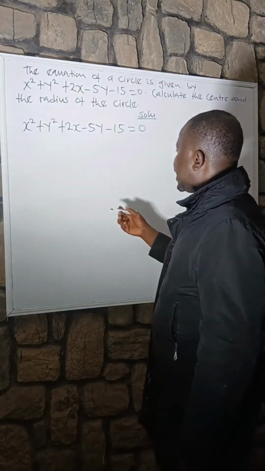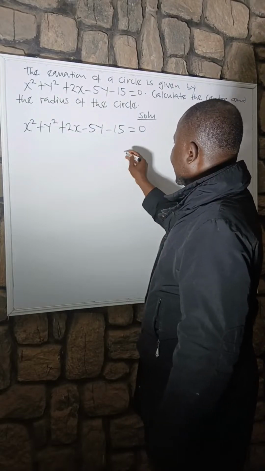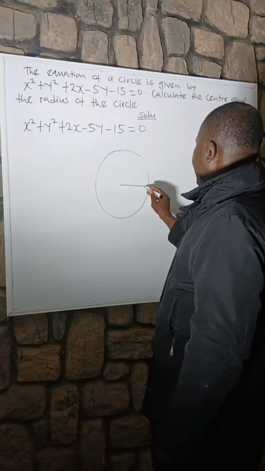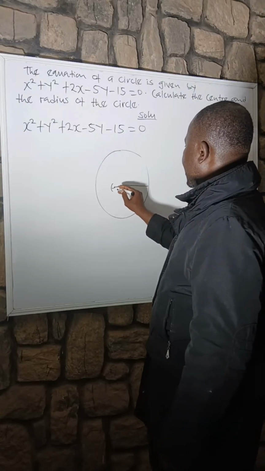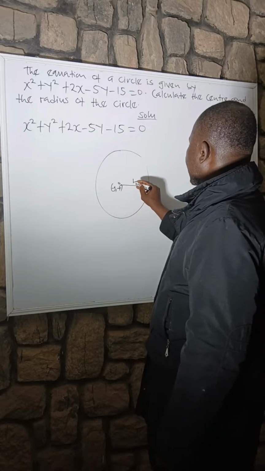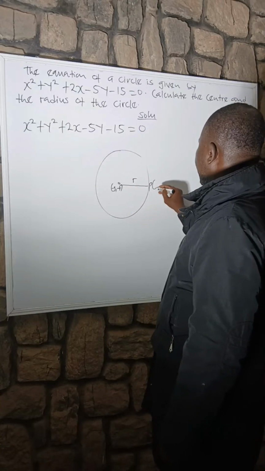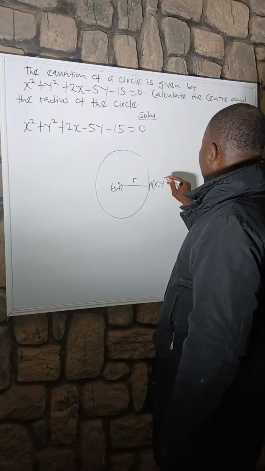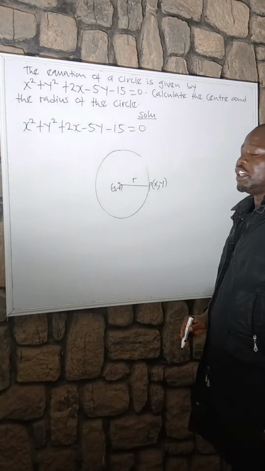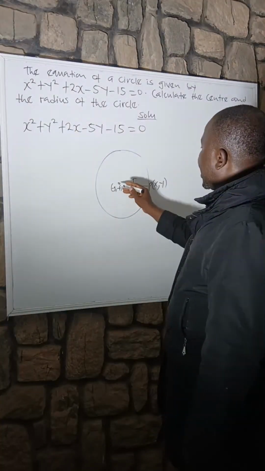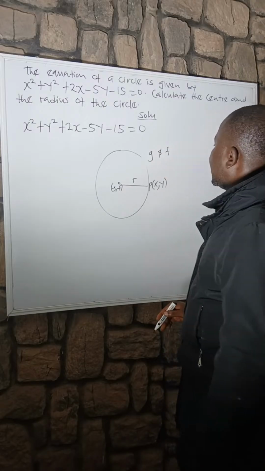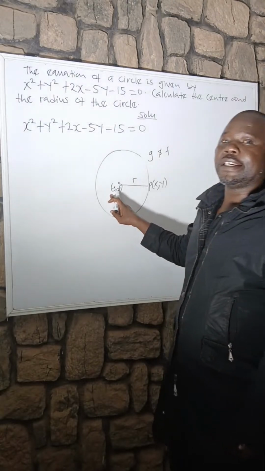So now let us have a rough diagram. Let us assume that this is a circle. This is the center, this is our radius, and this is point x, y. So it means you are asked to find g and f, although the center is always negative.